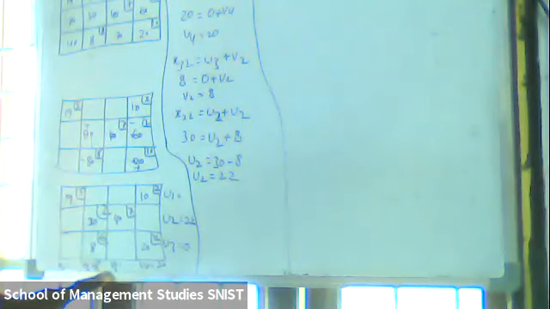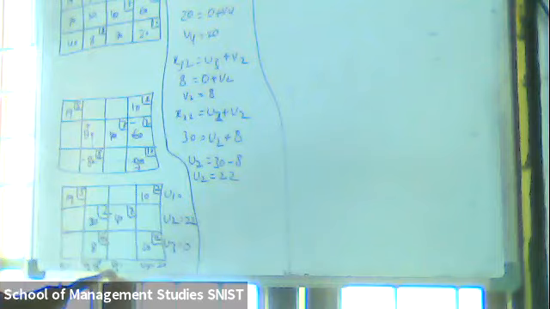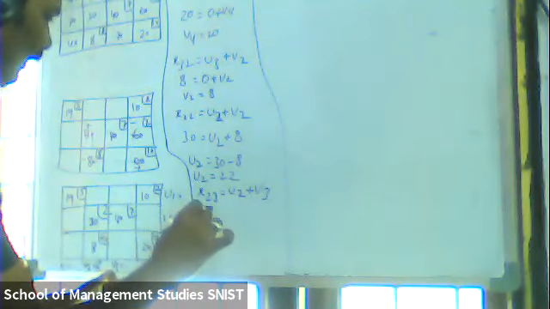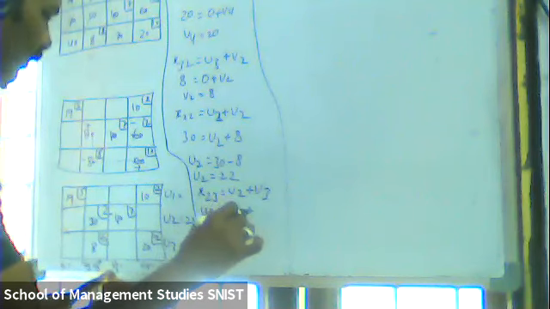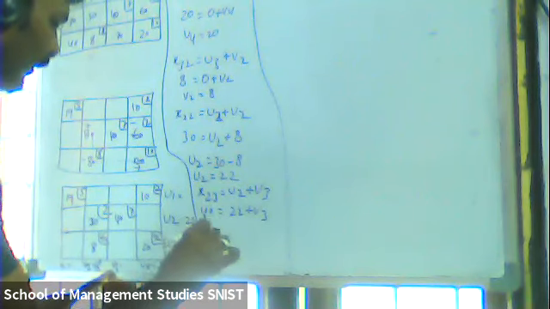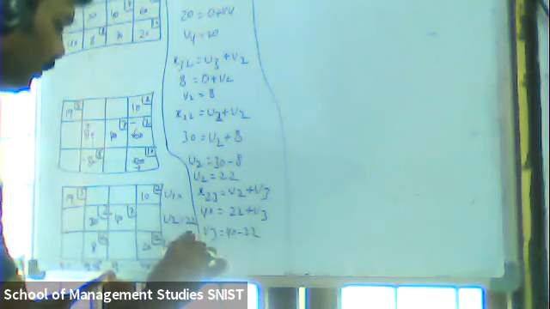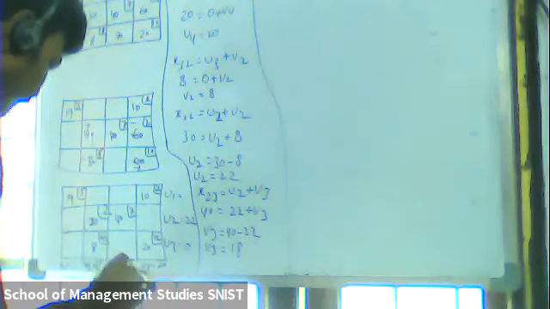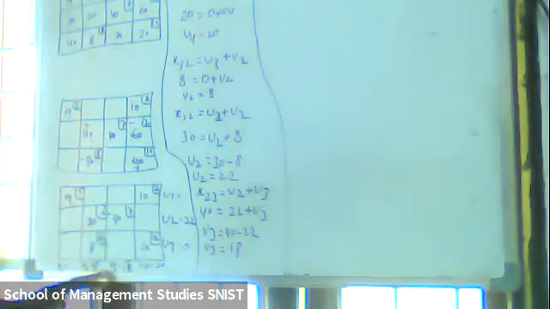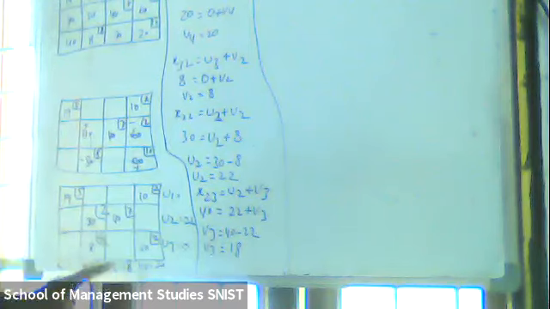That means v3. Yes or no? Yes, sir. So I'm finding x23 equals u2 plus v3. x23 is 40, then u2 is 22 plus v3, then v3 equals 40 minus 22, then v3 equals 18. Okay, now we got U3, V4 and even V2, U2, V3.